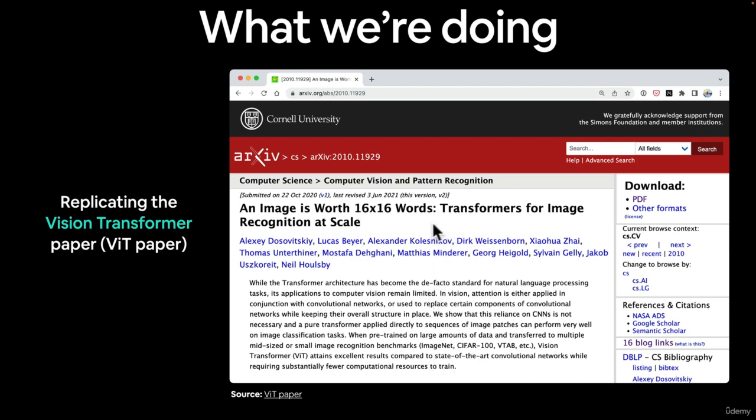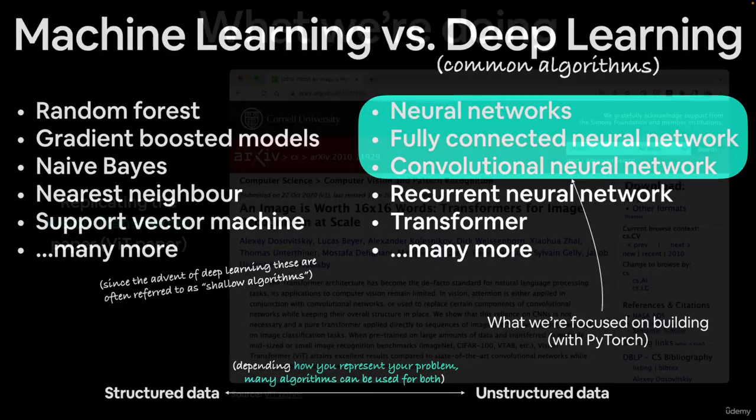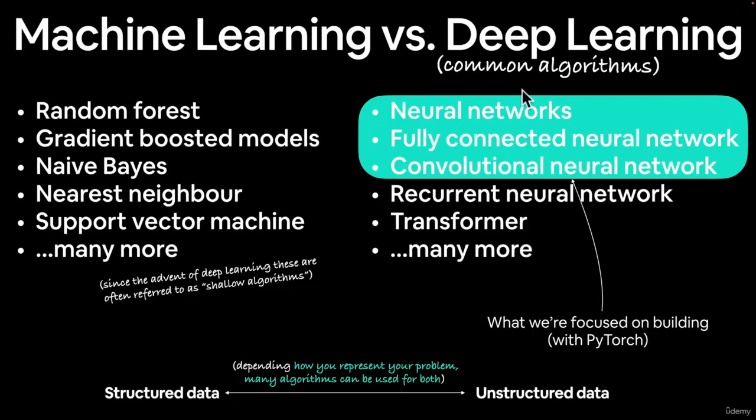Previously, prior to this paper, the transformer had been used mostly for NLP, or natural language processing problems, or problems dealing with text. If you recall, right back at the start of the course, we talked about machine learning versus deep learning common algorithms.